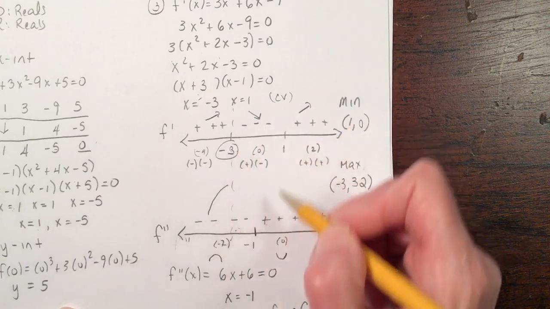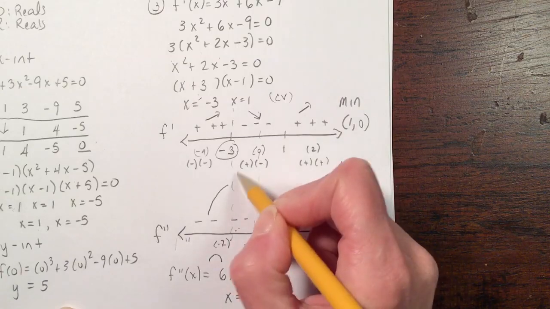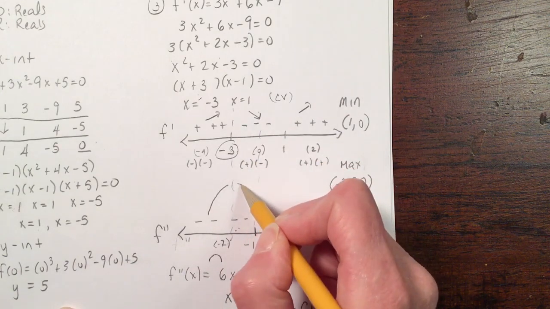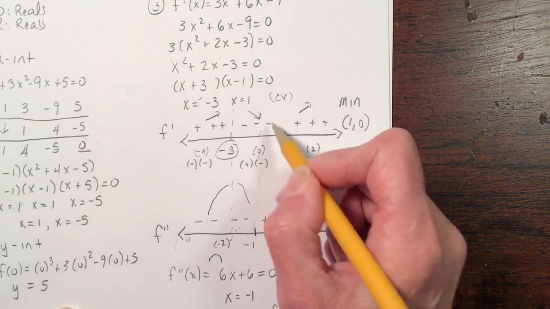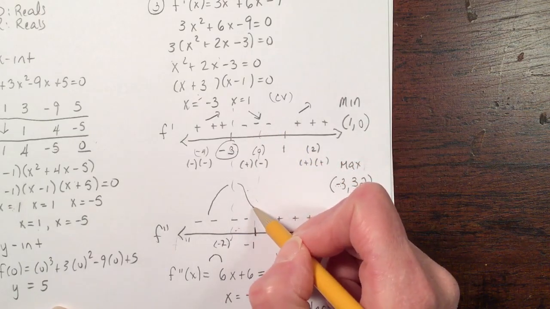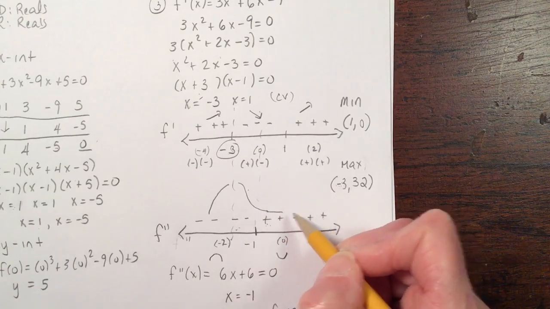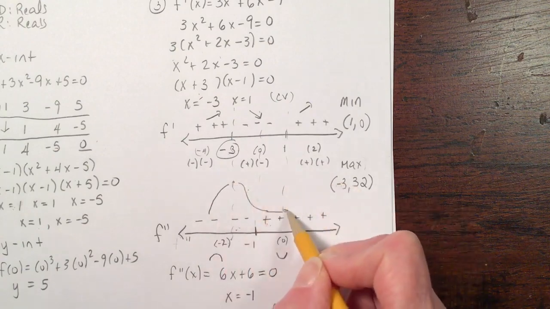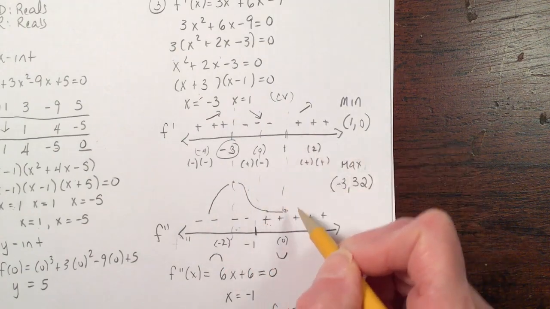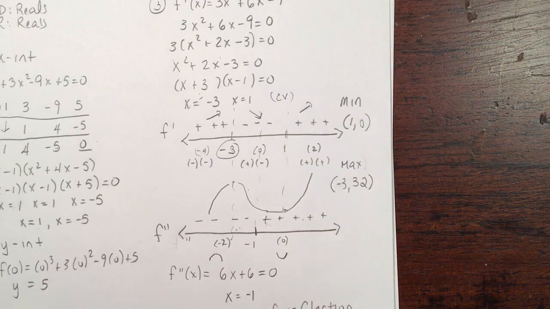From negative 3 to negative 1, it's decreasing and concave down. At negative 1, it's going to be decreasing and concave up. So see how the shape of the curve is going to change. At 1, I'm going to have my minimum value, and then my curve is going to be increasing and concave up for the remainder of the domain.